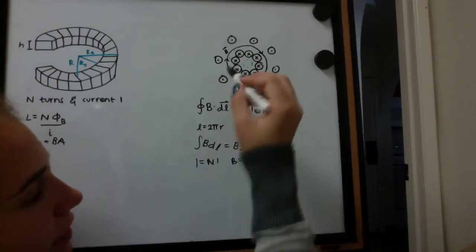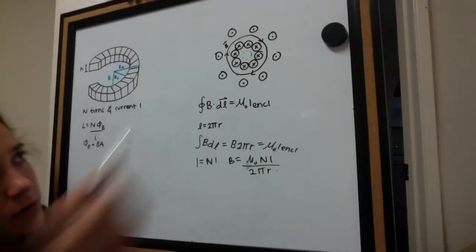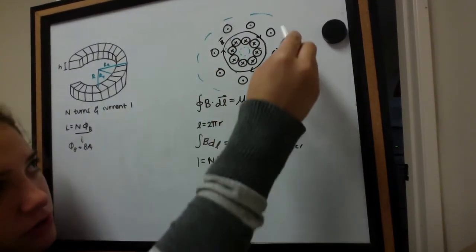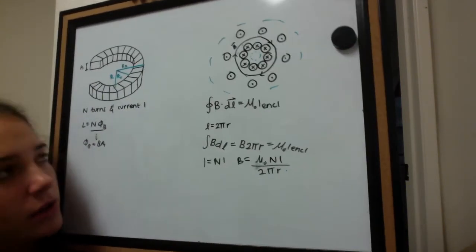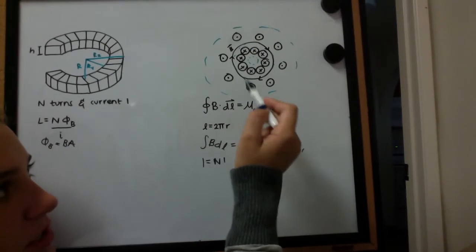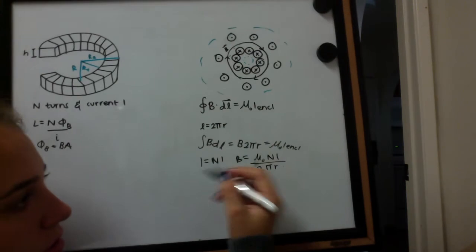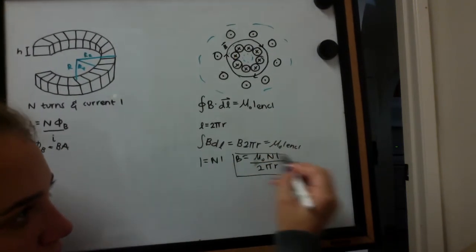For path number 3, which is out here, the B field is also 0 because the net current is 0: since it's going in here and out here, they cancel out. So this is our total B.